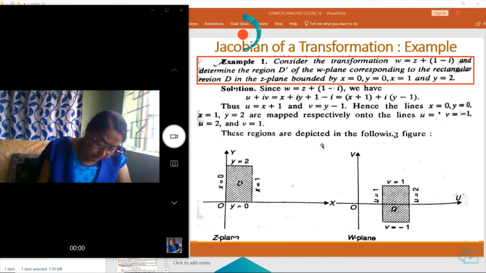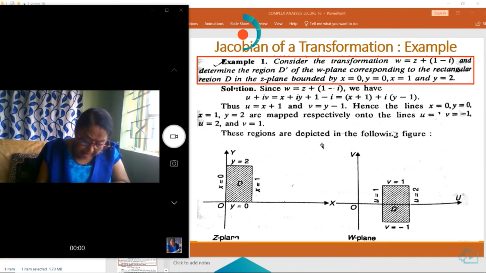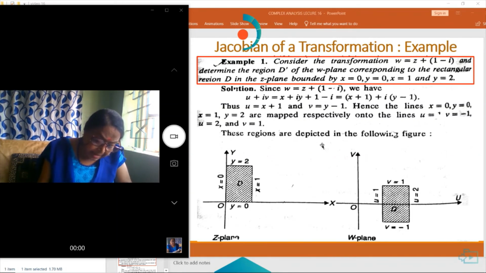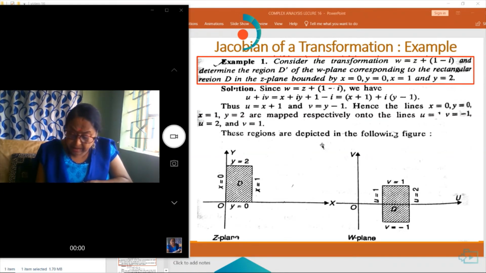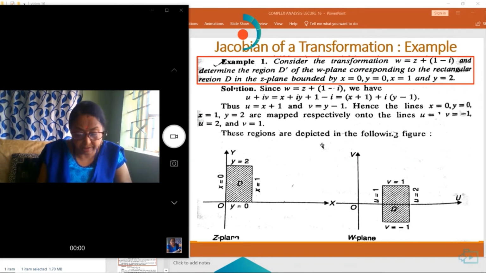If u is equal to 1, we get a line at a distance u is equal to 1, similar to the x-axis. For v is equal to minus 1, we can draw the line. And then u is equal to 2 and v is equal to 1. So the portion given in the z plane is transferred to the w plane as shown in the figure.